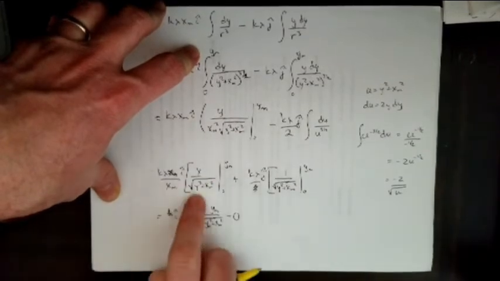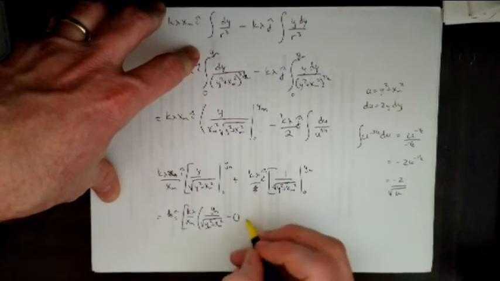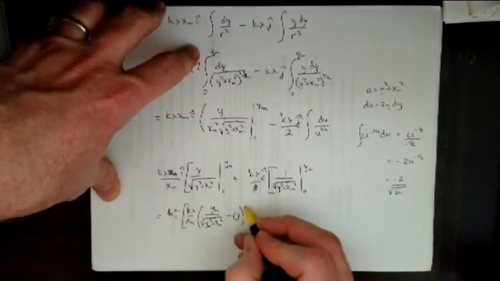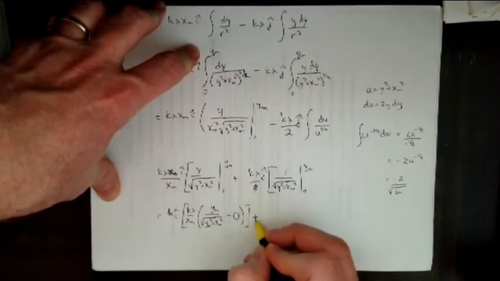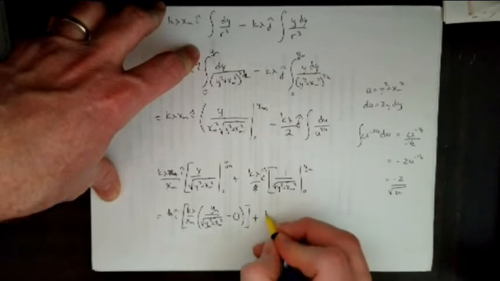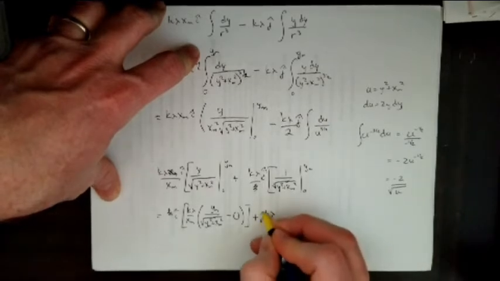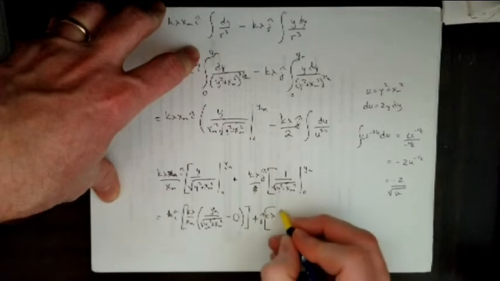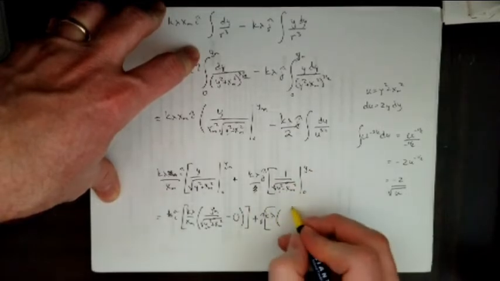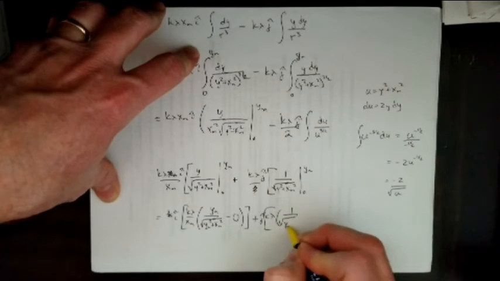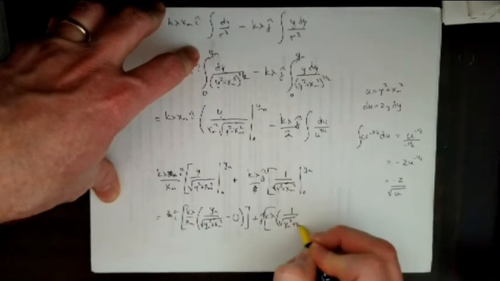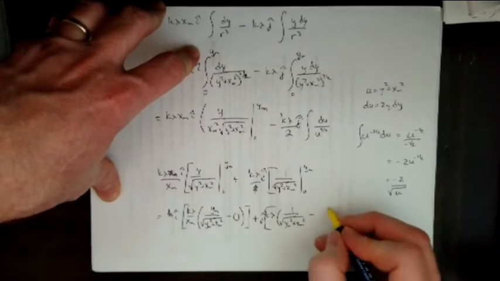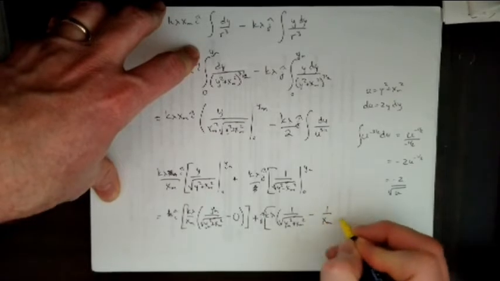Plug 0 in for y, get 0 over x sub m, plus k lambda, I'll stick the j hat first, k lambda, plug the y sub m here, we get 1 over the square root of y sub m squared plus x sub m squared, minus, plugging 0 in, 1 over x sub m.